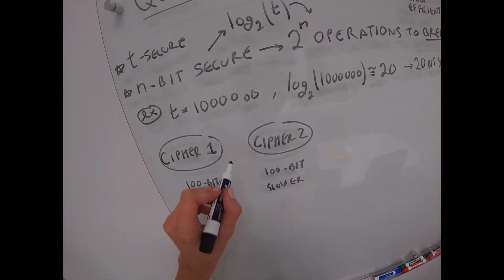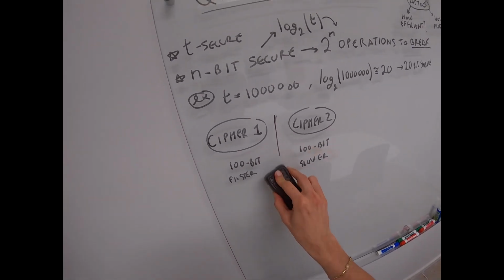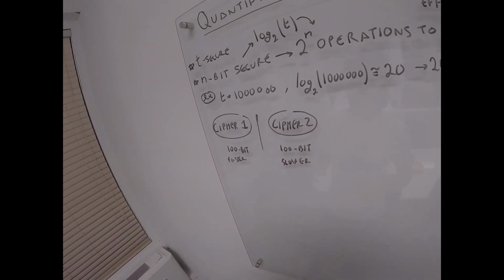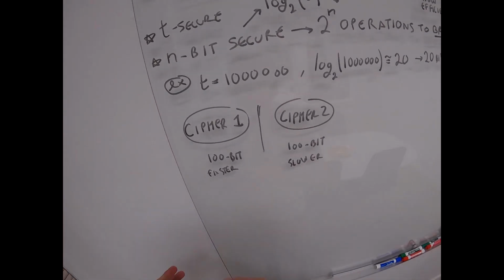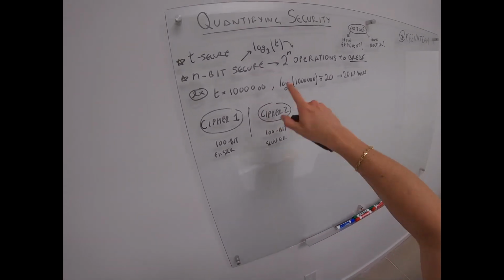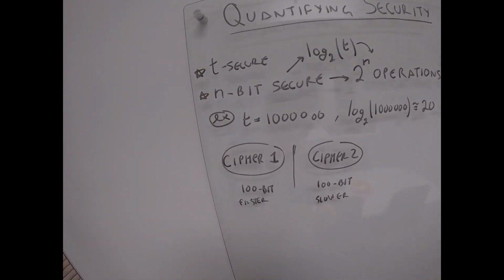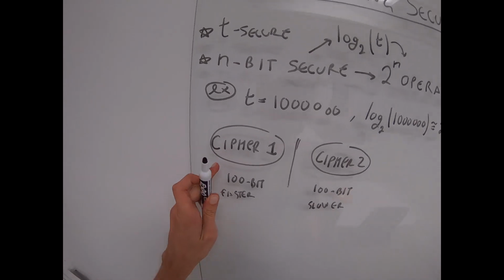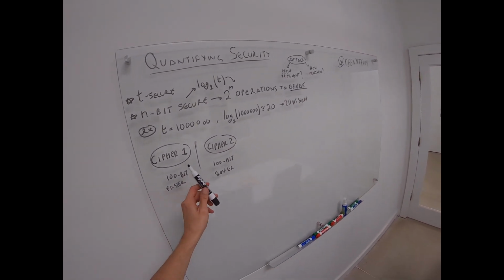So we can say that these 2 ciphers, yes, they have the same bit security, but cipher 2 is way more secure, because an attacker has to put a lot more energy and effort into brute forcing this algorithm. And this one, can we say it's a little bit weaker, even if they have the same n-bit security.